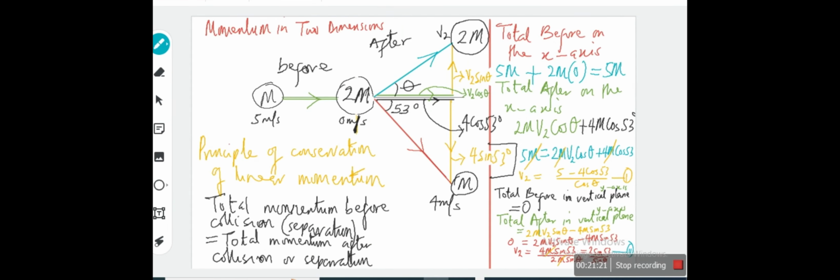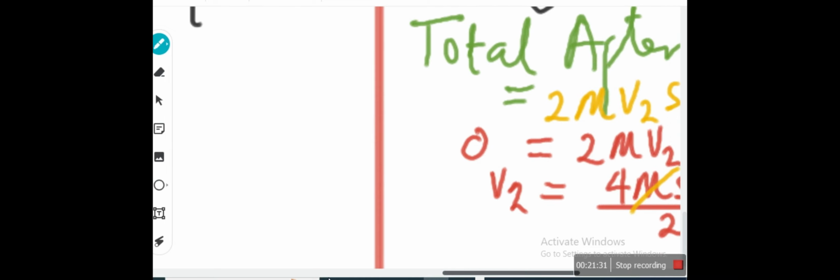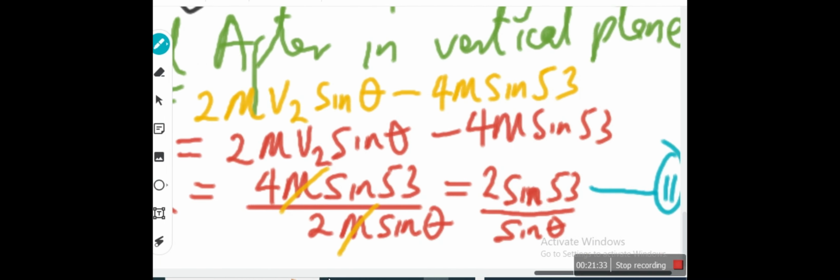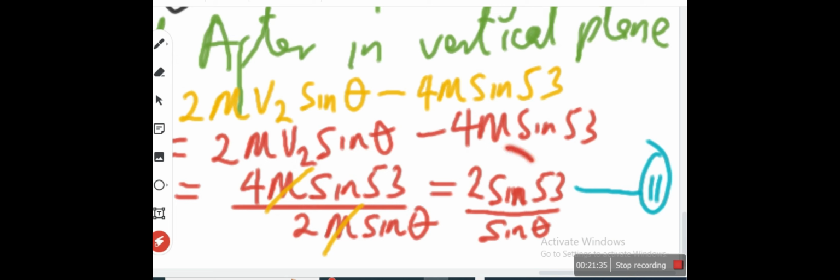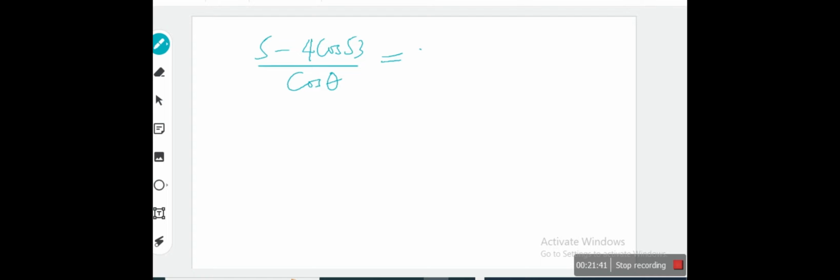V2 in equation 2 is 2 sin 53 over sin theta.